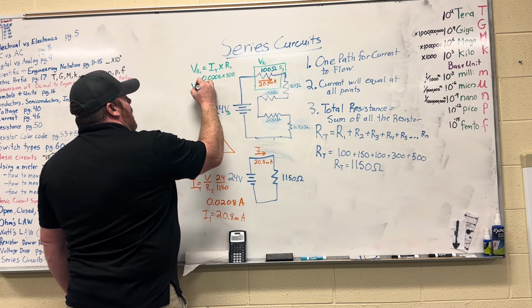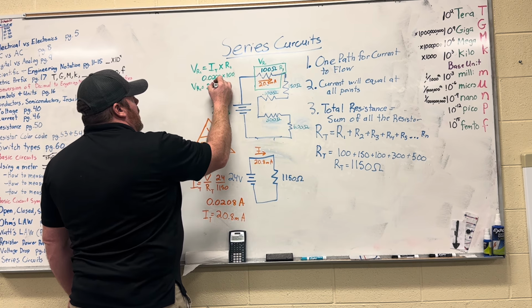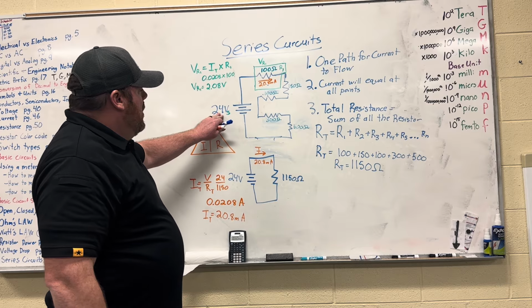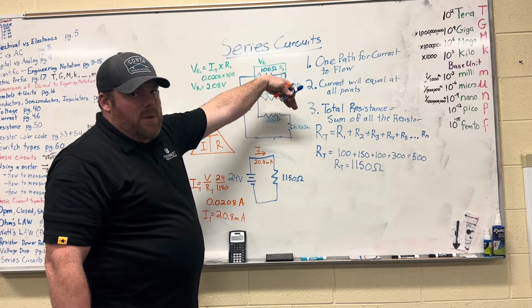Therefore, the voltage drop across R1 is going to be 2.08 volts. So what's happening is I lost 2.08 volts from this 24 volt source across that resistor.